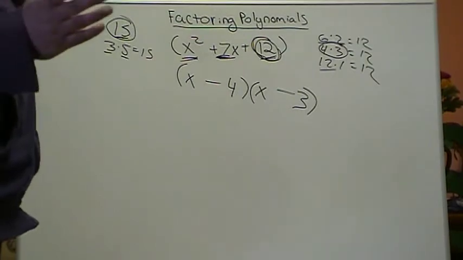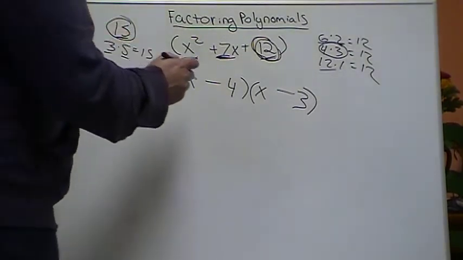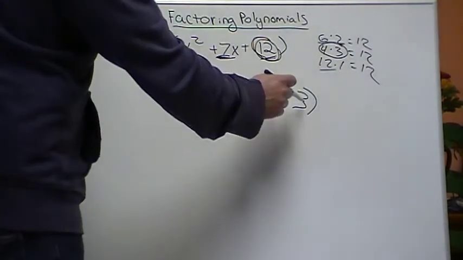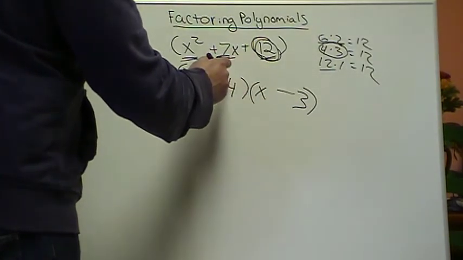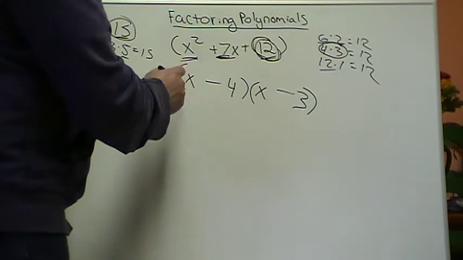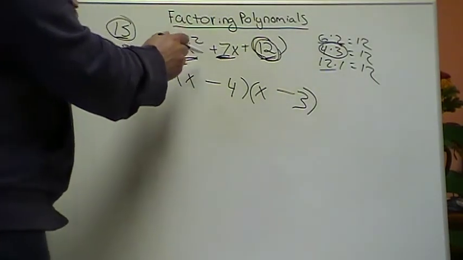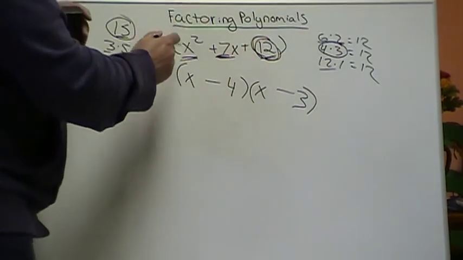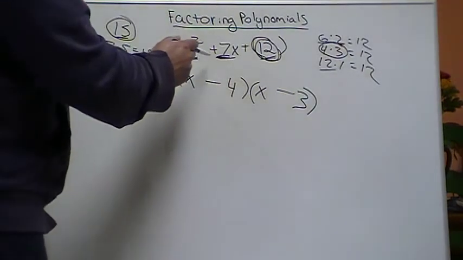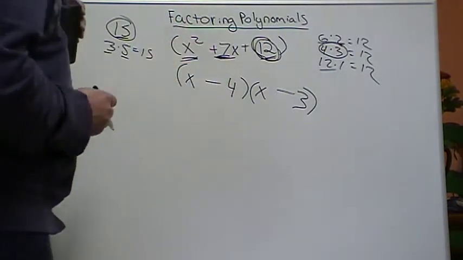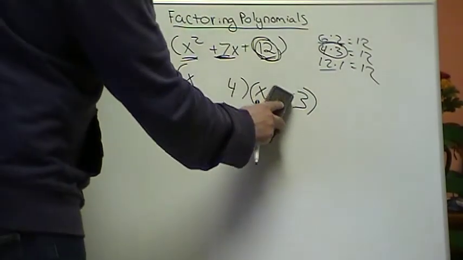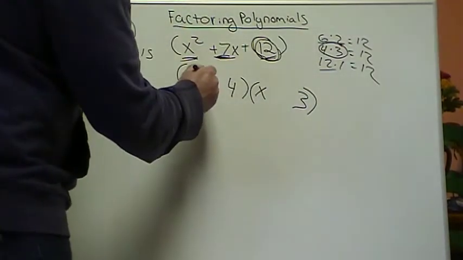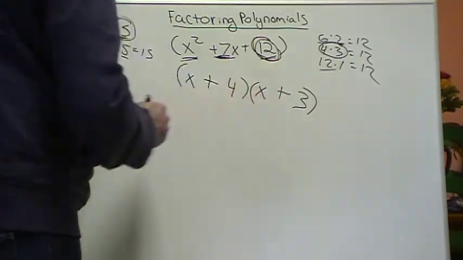But if we go back to the FOIL method and really quick think this through, we'll see that we're going to have a negative 3x, x times negative 3, plus x times negative 4. It's going to be a negative 7x. But if we refer back to our original polynomial, we see it has to be a positive. So the minus and the minus does not work, which only leaves us one option, and that's going to be the positive, or the plus and the plus.